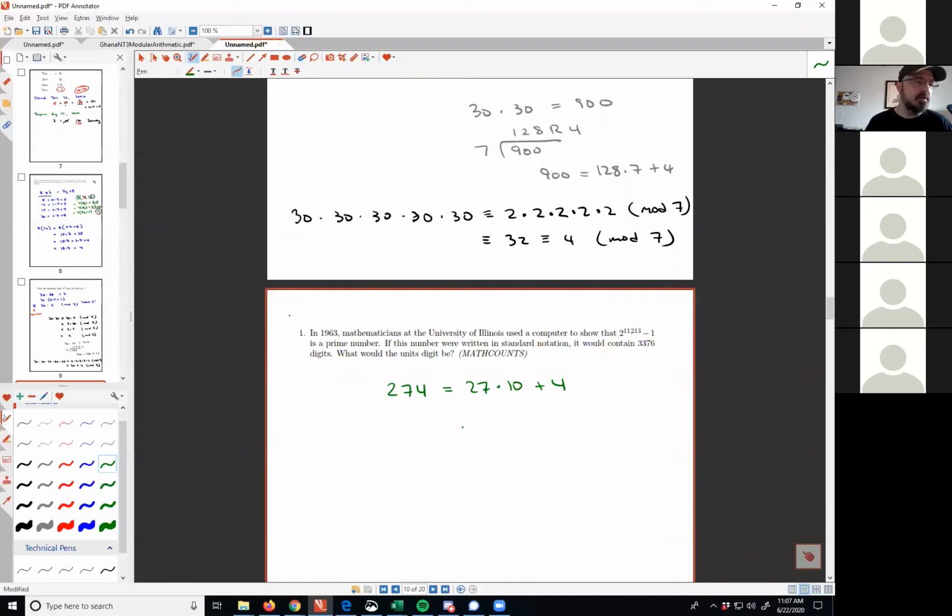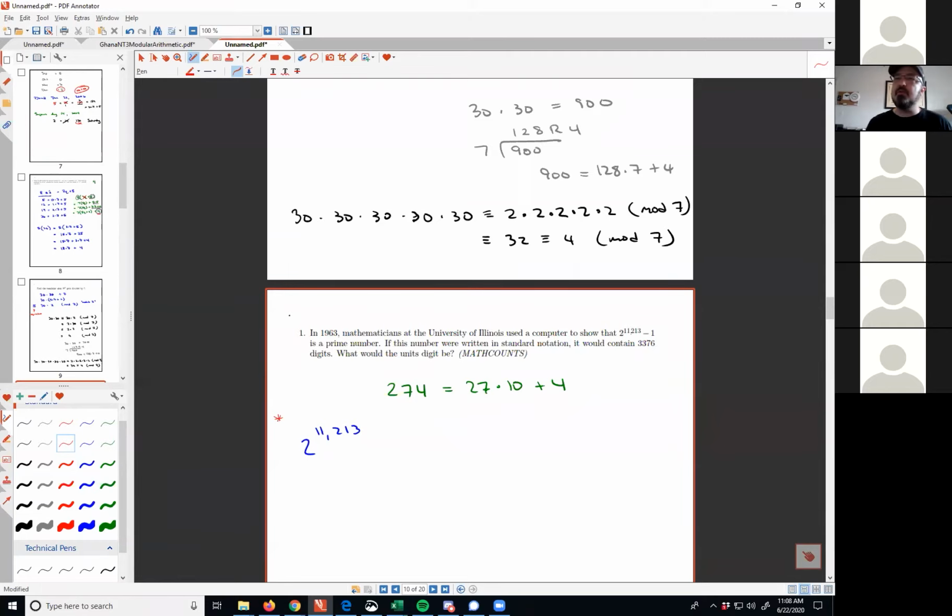So we want to know the remainder when 2 to the 11,213 minus 1 is divided by 10. Really, we just need to know the remainder when 2 to the 11,213 is divided by 10, and then we'll subtract 1 from that. Let's focus on this big, giant exponential.